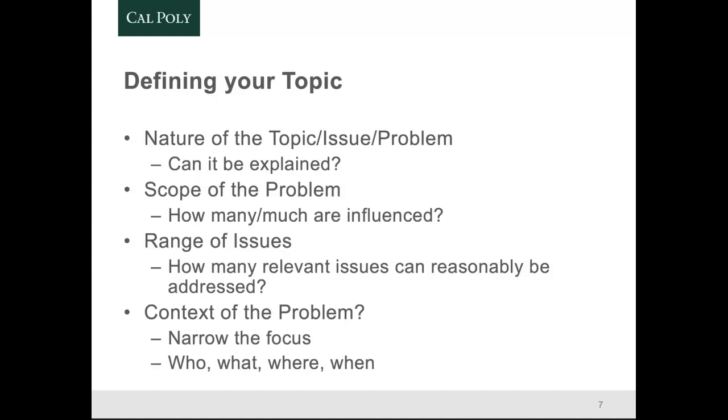A way that I could narrow this down is maybe looking specifically at school-based interventions for one of my variables in my research question. So start thinking about your research question broadly, at a high level, and then you can narrow down based on that topic.